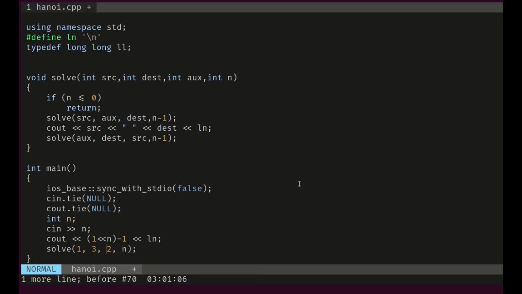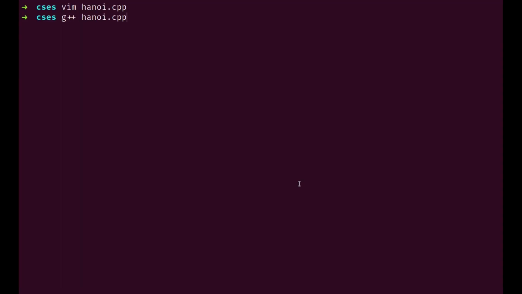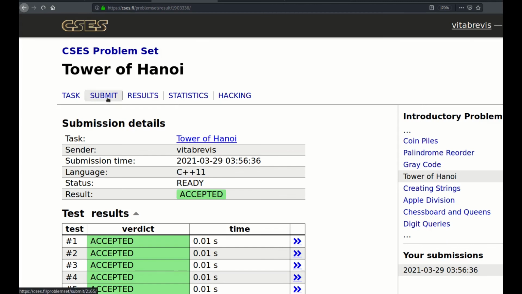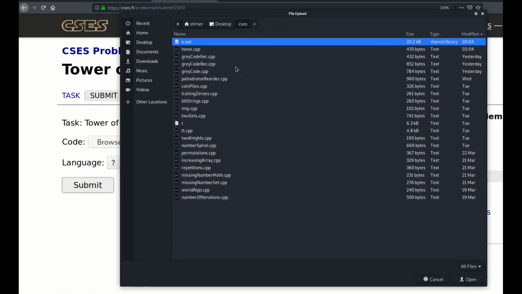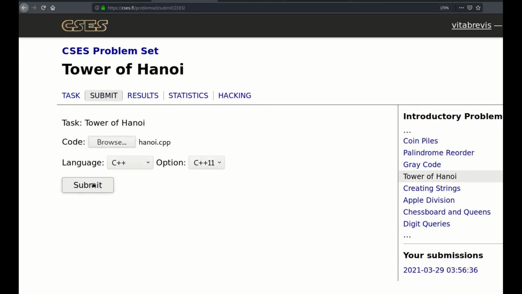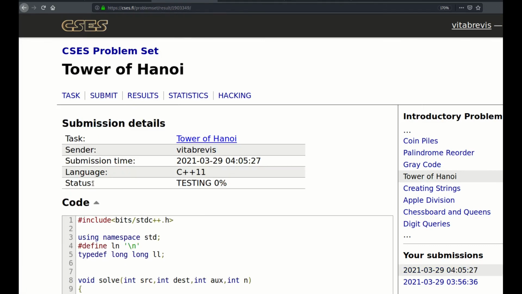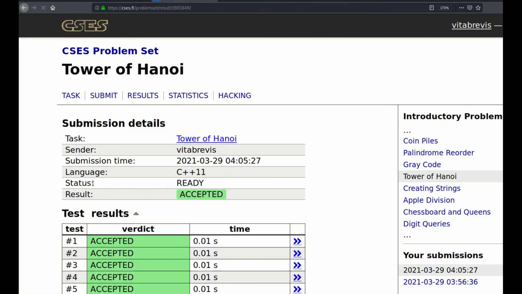So this is it. Let's compile our program, and for 2 it should give us three moves. So that seems correct. Let's go ahead and submit. So this works.